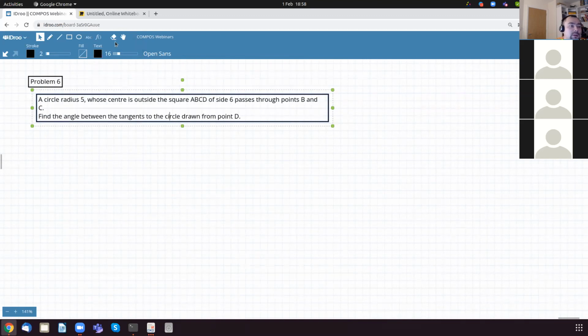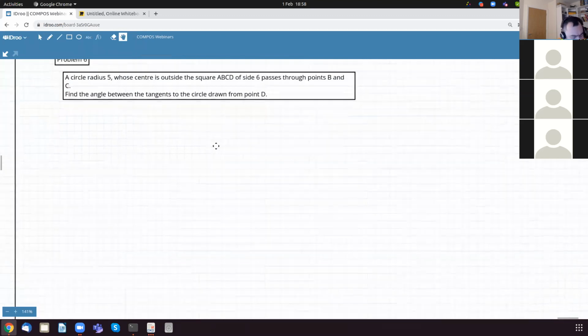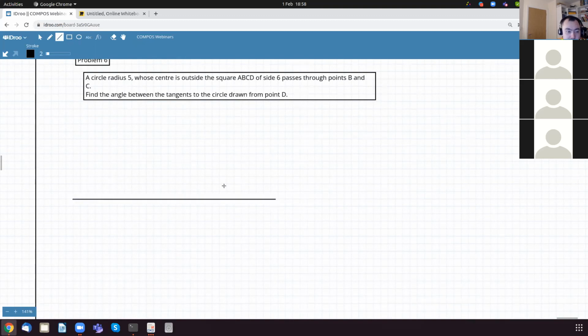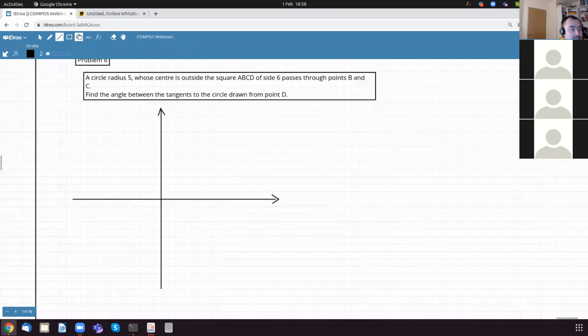Well, to me, drawing the circle at a point other than the origin might be quite a hassle. So I'm going to put this circle at the origin, because why not? So draw the circle at the origin, and the radius of the circle is 5.